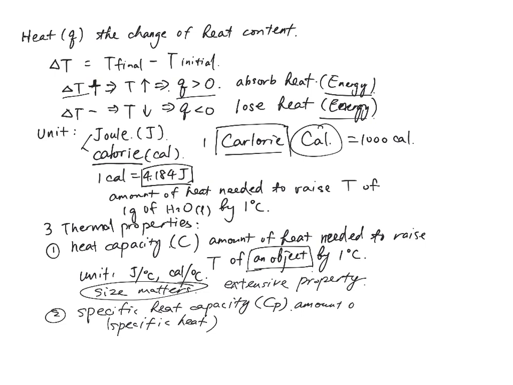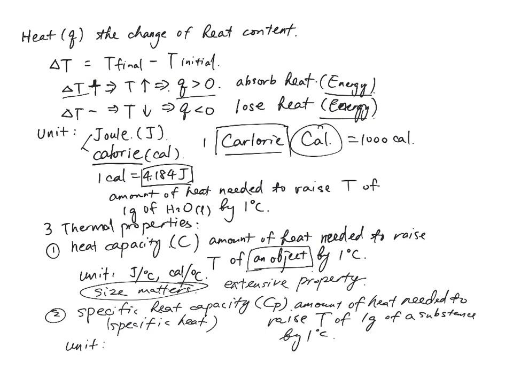This is the amount of heat needed to raise the temperature of 1 gram of a substance by 1 degree Celsius. So with the same thing involved, you can see that this is going to have a different unit. It's joules per gram per degree Celsius, or calorie per gram per degree Celsius.